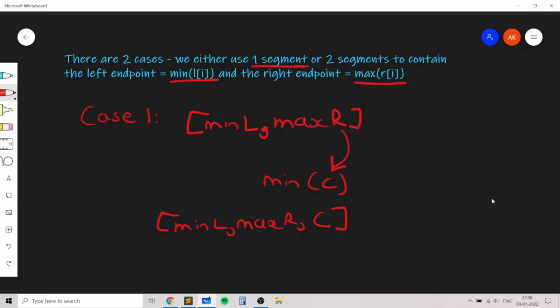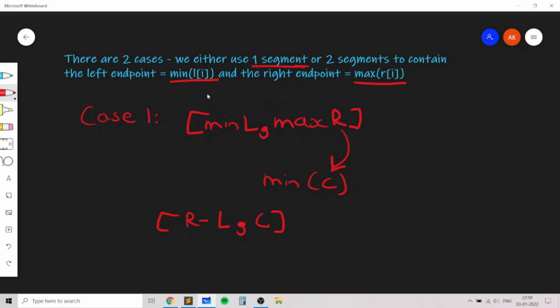However, instead of storing L and R, let's store R minus L, comma C. The key idea is that the maximum value of R minus L corresponds to the value of min L and the value of max R, because if we maximize R and if we minimize L, then we are maximizing R minus L. That's why we can just store R minus L instead of storing both these parameters.